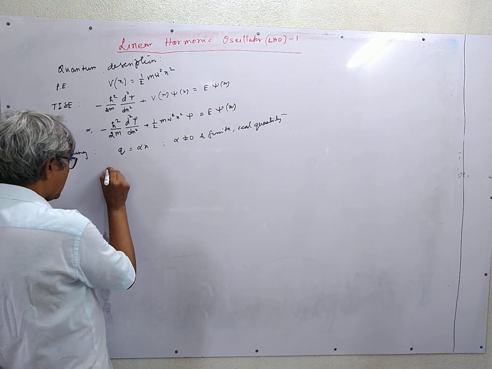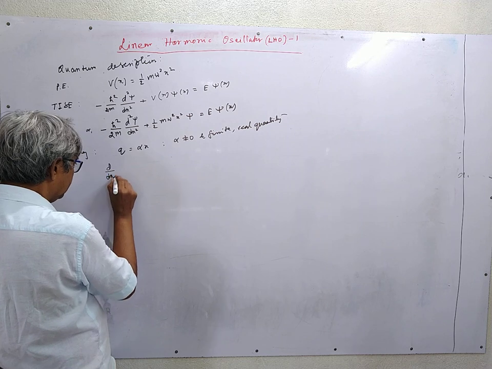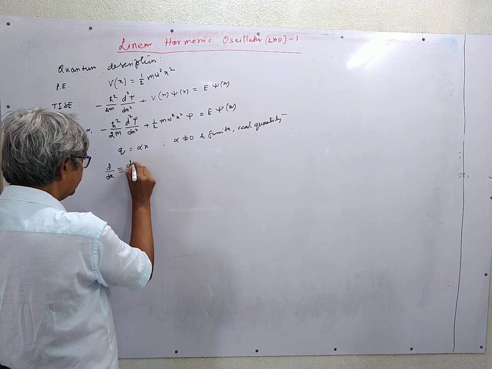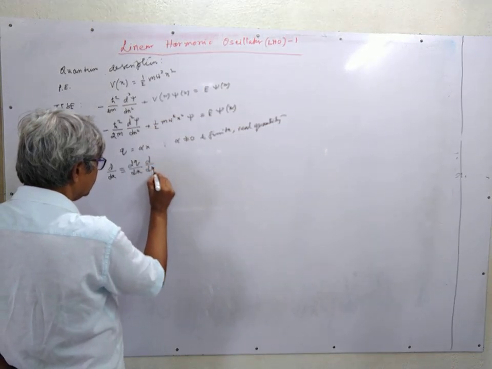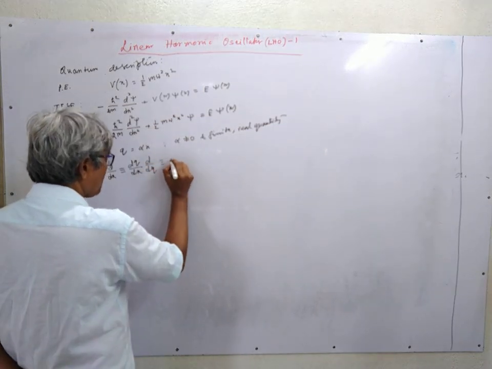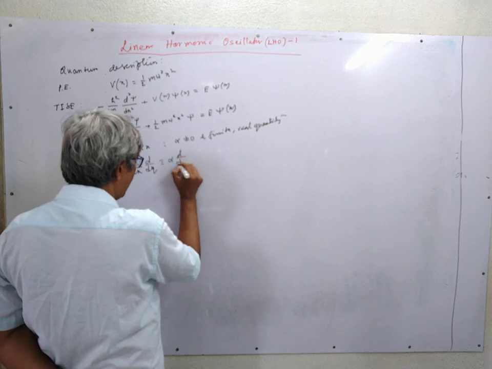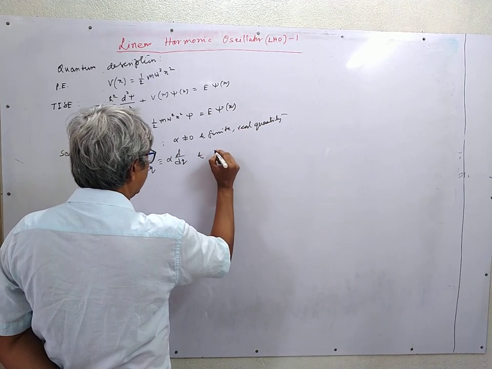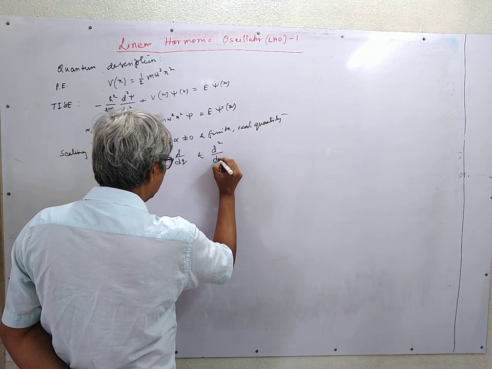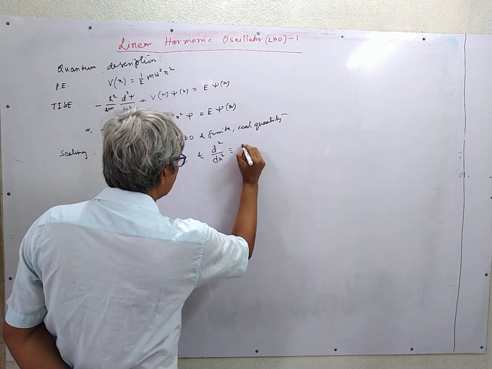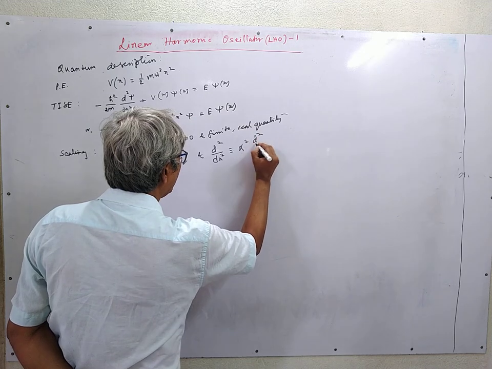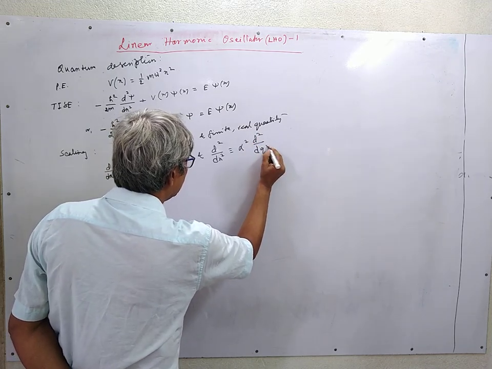So d/dx now becomes alpha d/dq, and d2/dx2 is equal to alpha square d2/dq2.